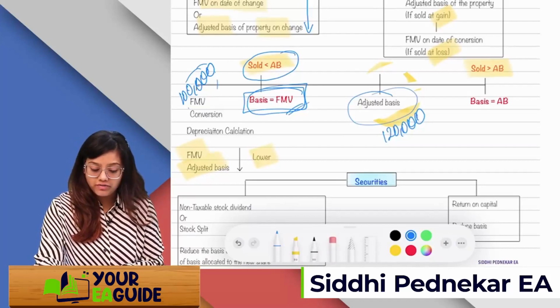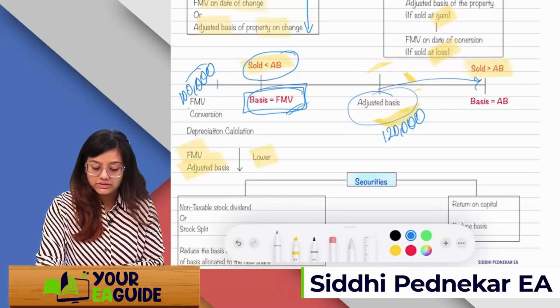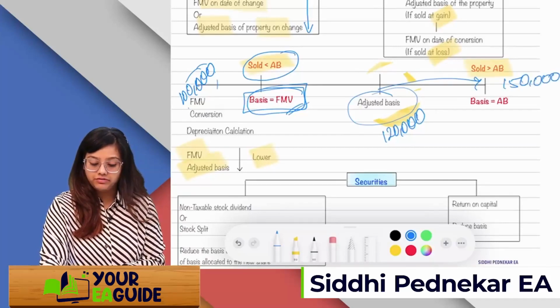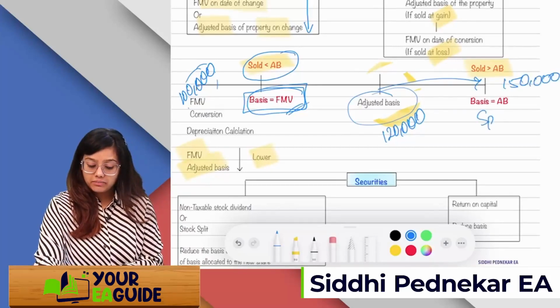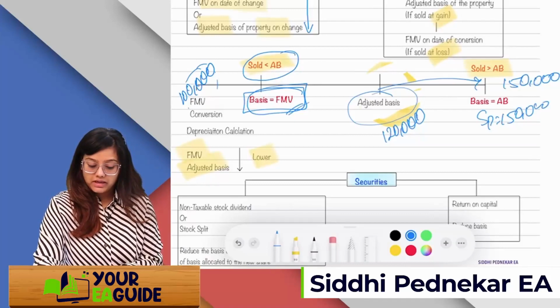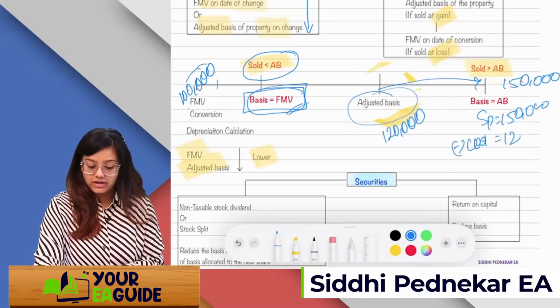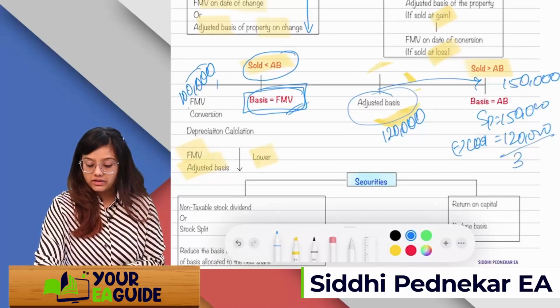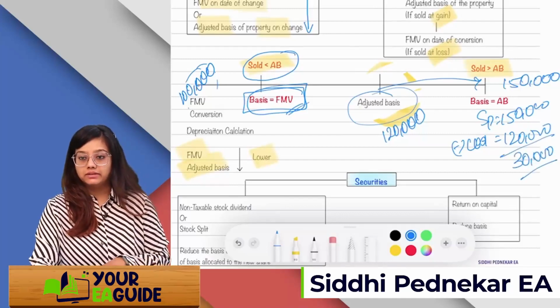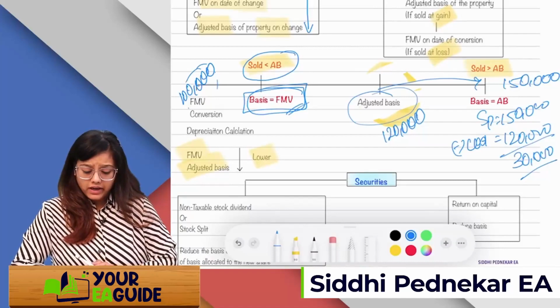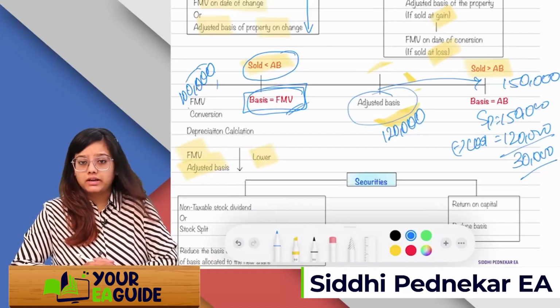So where will it fall? It will fall above the adjusted basis, right? If you're selling it at 1 lakh 50, then the selling price will be 150 minus the cost which you are going to take to calculate the gain, which is 1 lakh 20, and 30,000 you will recognize as a gain. Now let's say your selling price is just 1 lakh 10.